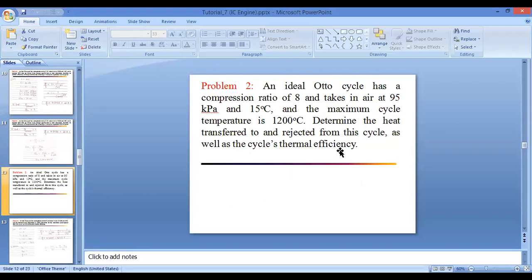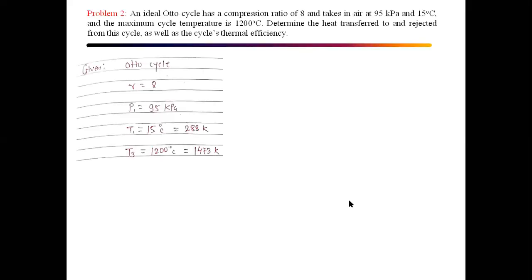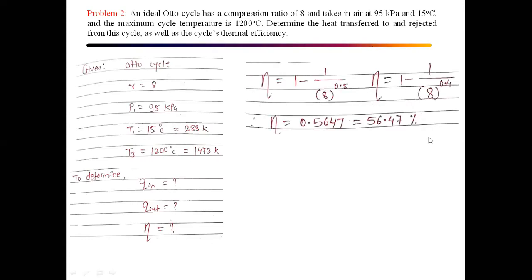Okay, what we have to calculate? Q in and Q out, as well as the cycle's thermal efficiency. So first of all, just write down the given things. We have to calculate Q in, Q out, and the efficiency, right? So we know the equation of efficiency for the Otto cycle, that is 1 minus 1 upon R raised to K minus 1.